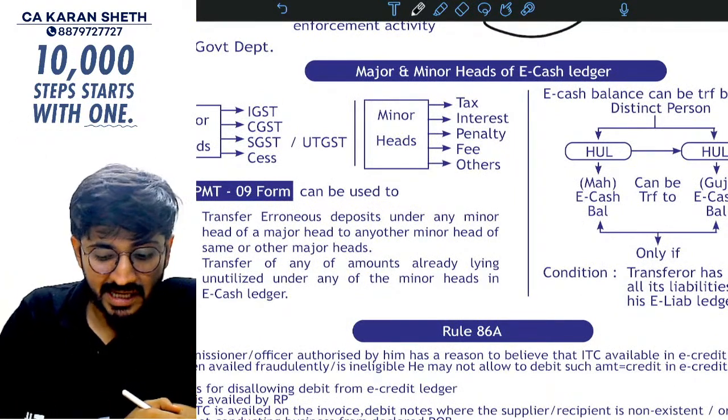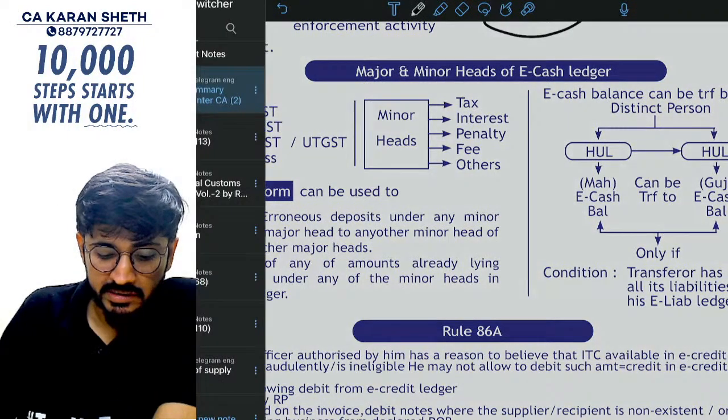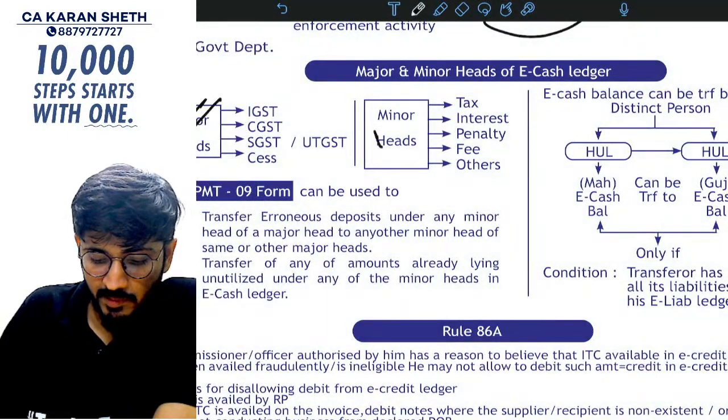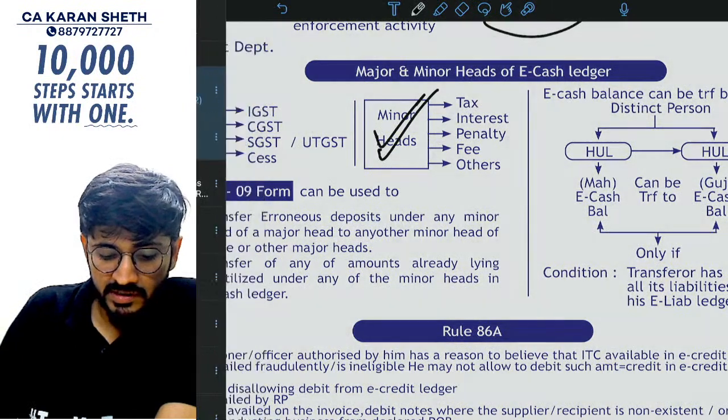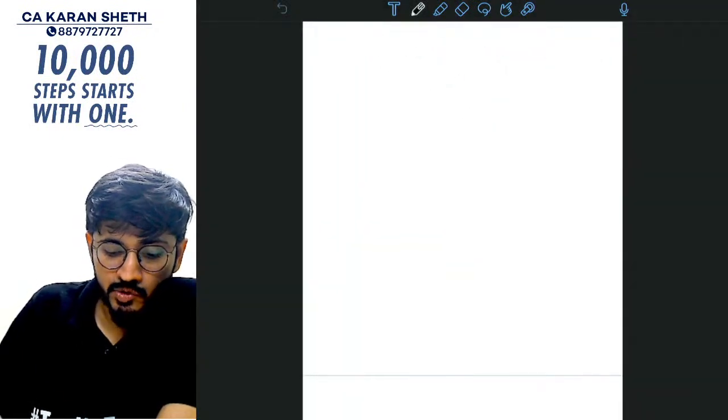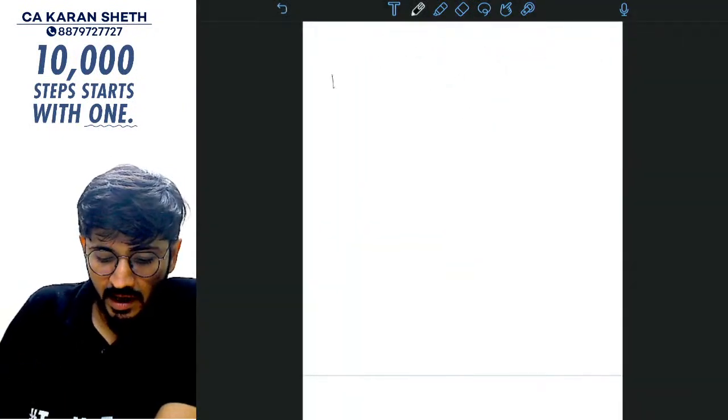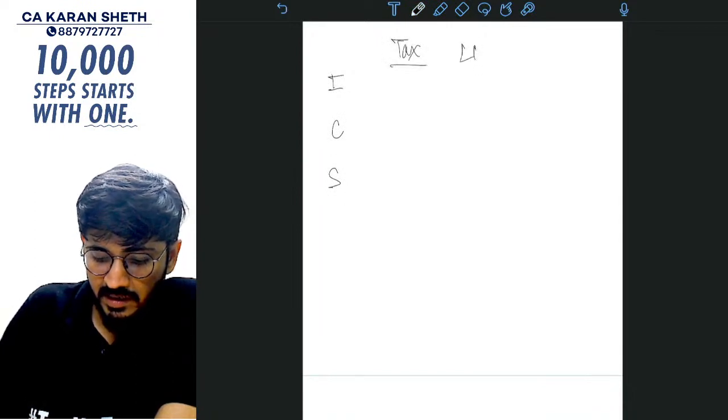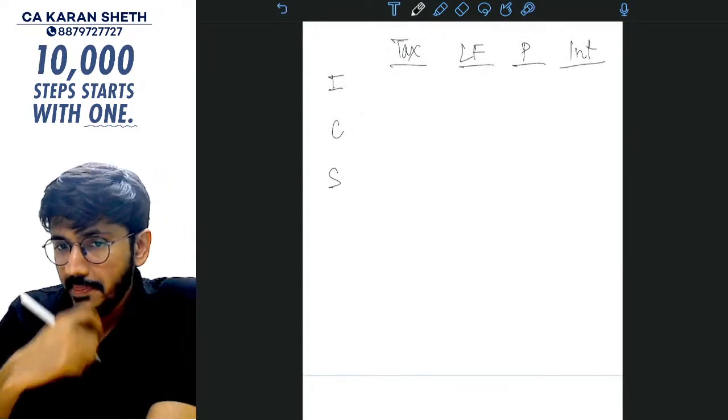Now, when it comes to e-cash ledger, understand one thing. When it comes to e-cash ledger, there are two heads: major head and minor head. So understand that, for example, when it comes to major head, ICS, tax, late fee, penalty, interest.